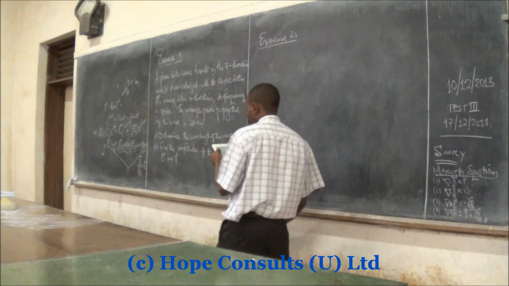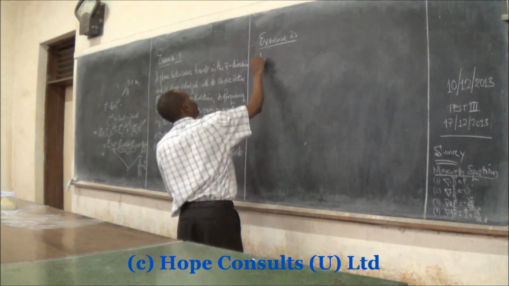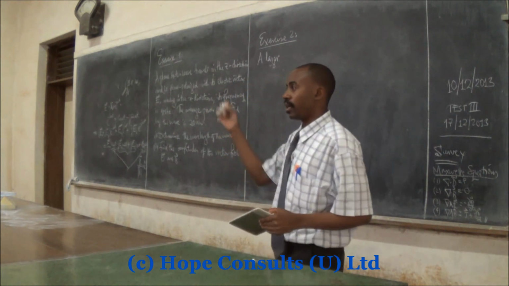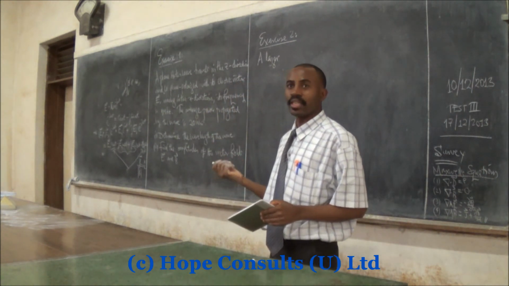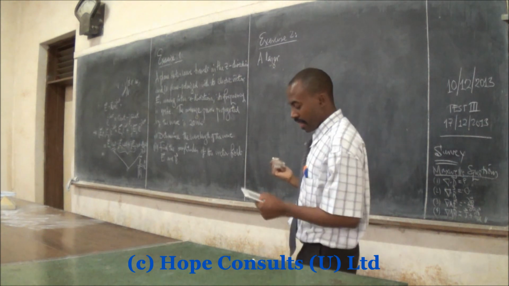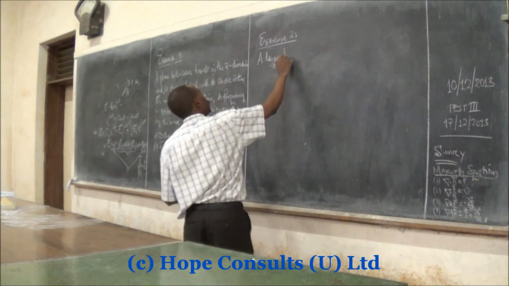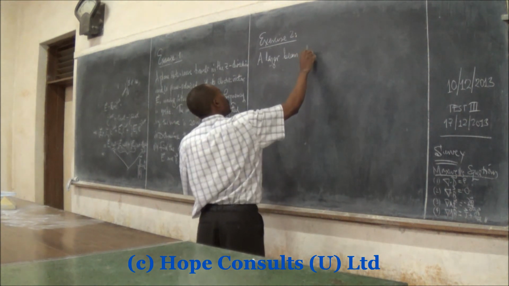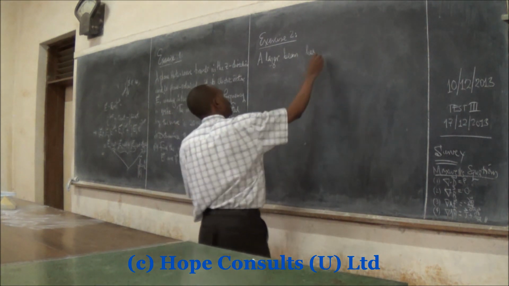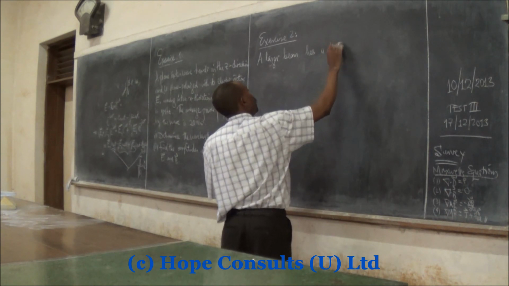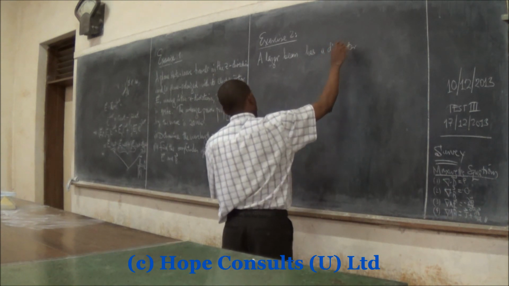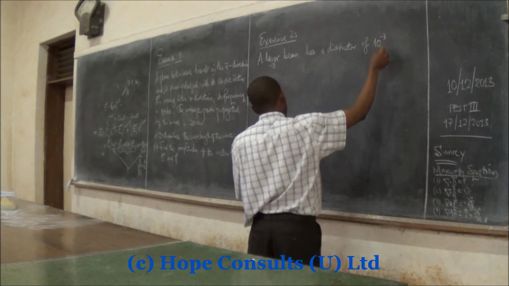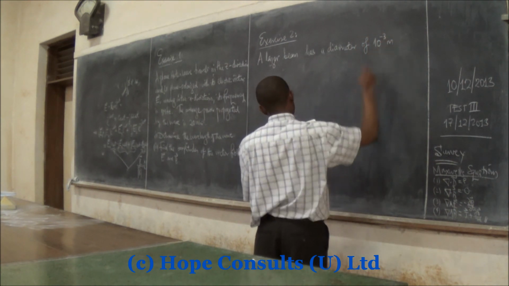Exercise 2. A laser beam. A laser is what I was using to point at the screen the other time. That is the laser. So a laser beam, but you did that in the web optics. A laser beam has a diameter of 10 to the negative 3 meters.